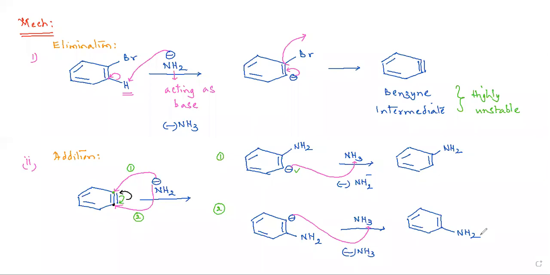So this is how in the first step we get benzyne intermediate.